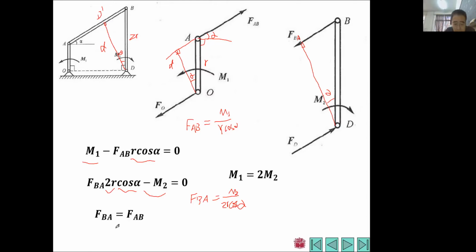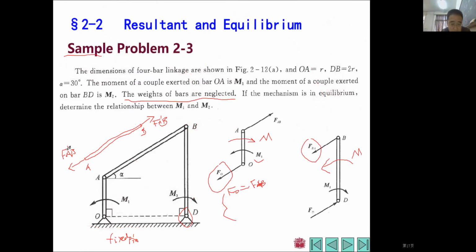So this is the condition why FBA equals FAB. Why? Because you can see here, this FAB prime equals FAB, and this FAB prime equals FBA.